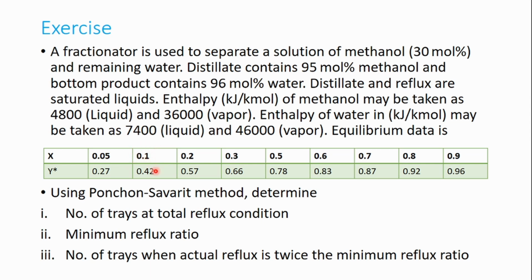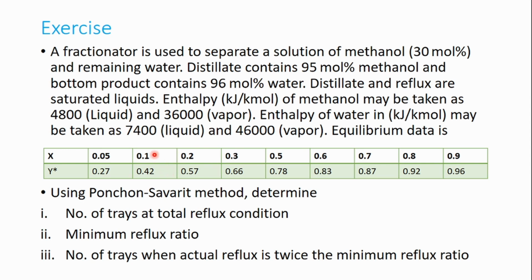Same way for HG, for this it is 0.42. 1 minus 0.42 is the other component, so 0.42 into 36,000, which is methanol for vapor, plus 1 minus 0.42 into 46,000. That will give you the HG point.